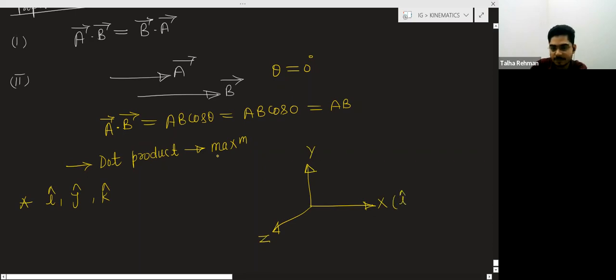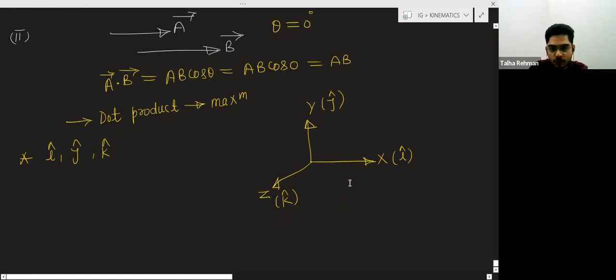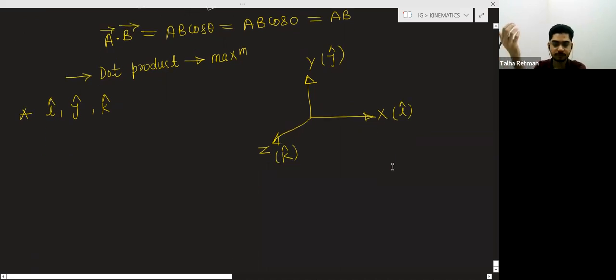This is I cap, J cap, and K cap. What are they? I cap, J cap, and K cap are the unit vectors along x axis, y axis, and z axis. I have told you. Now, if you want to write the dot product of I dot J or J dot K or K dot I, then how you will get?